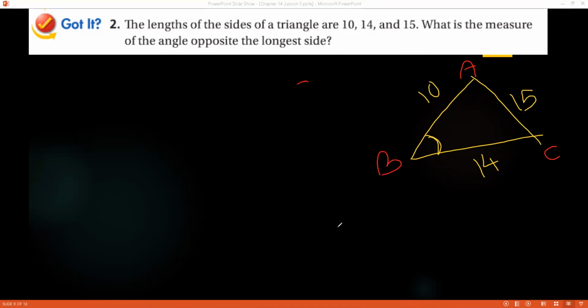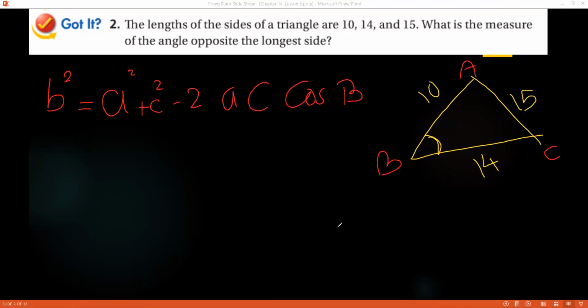So I will end with cosine B. And since I end with cosine B, I must start here with B squared. If I wrote B, what are the remaining letters? A and C. Minus 2 A and C cosine B. Then now, where is B?